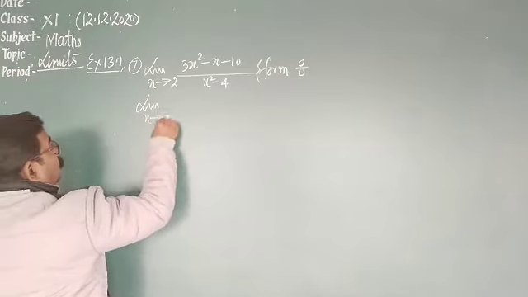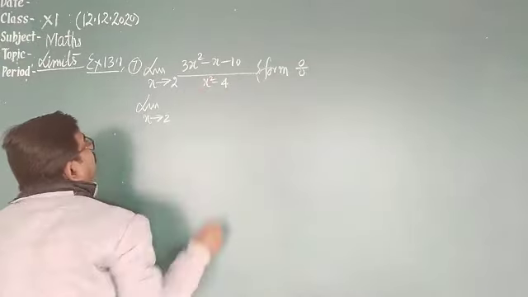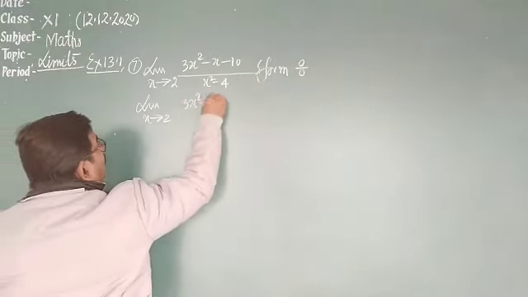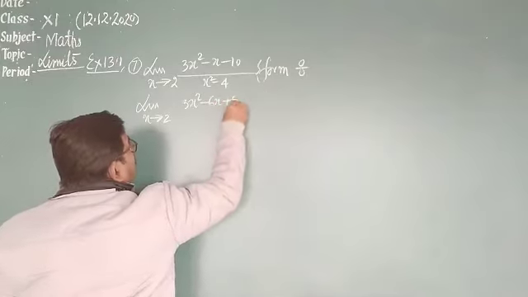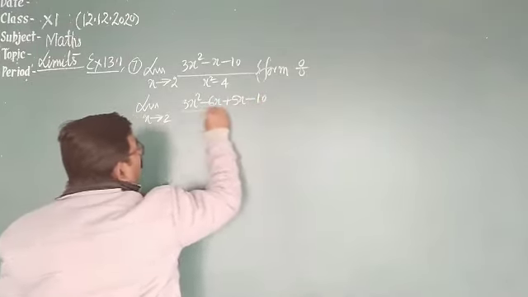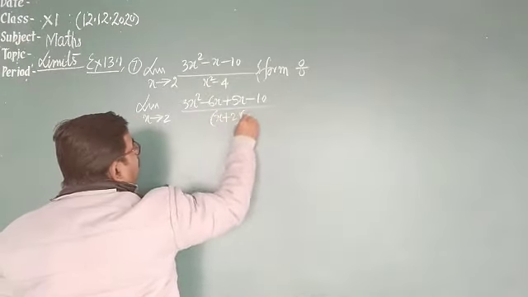Limit x tends to 2. Factorizing this, 10 3 is 30, 6 5 is 30. So we have 3x square minus 6x plus 5x minus 10 upon, this can be factorized, x plus 2 and x minus 2.